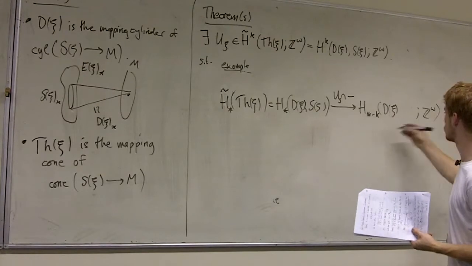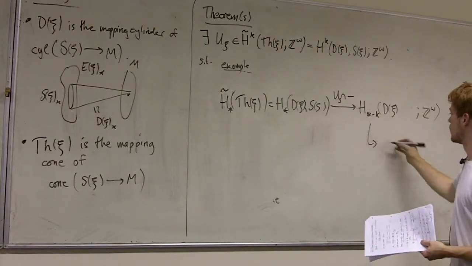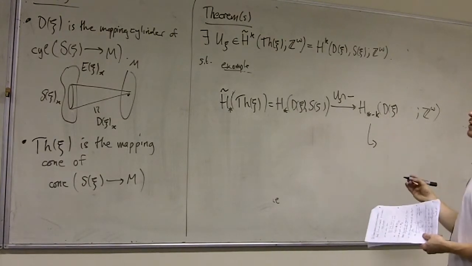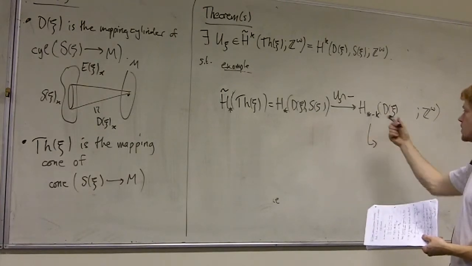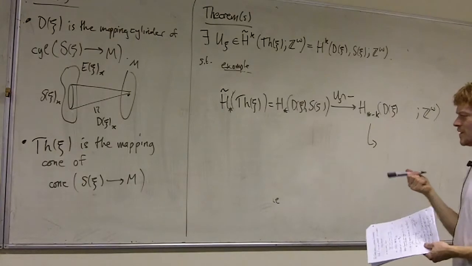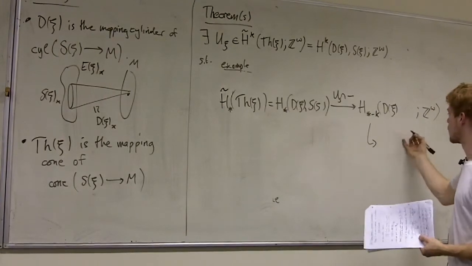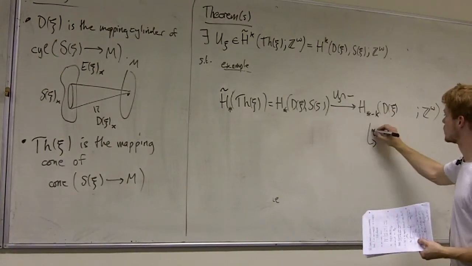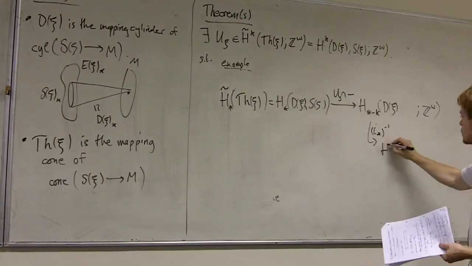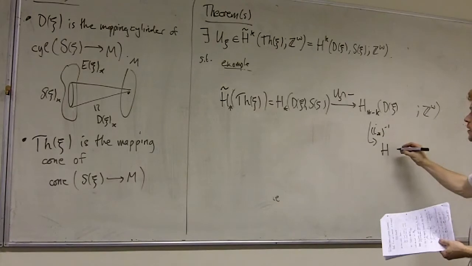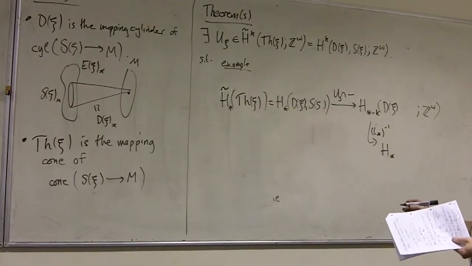So this is going to give another map. Just the, I guess, where are we? Homology. So this is going to be the inverse of the induced isomorphism on homology. So this is going to be i star to the minus 1. So that's going to take us to H. Oh, okay, that makes more sense.